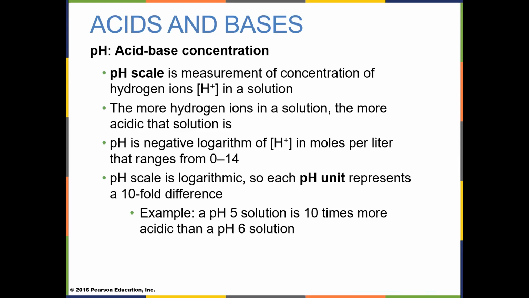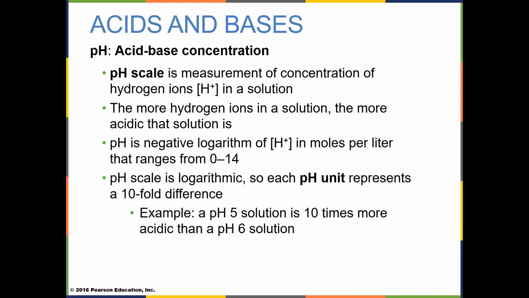Our bodies don't like to fluctuate with the pH. We like to stay, believe it or not, slightly basic, right around 7.35. That's actually a pretty precise value there for us. If we start moving upward, we don't like it.